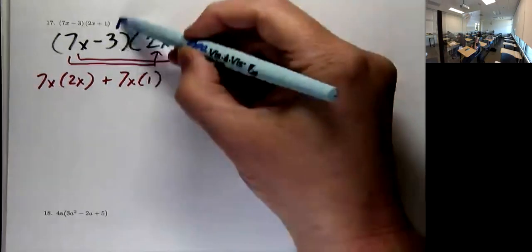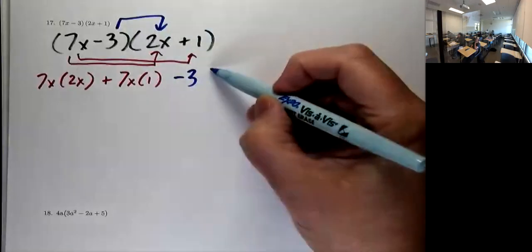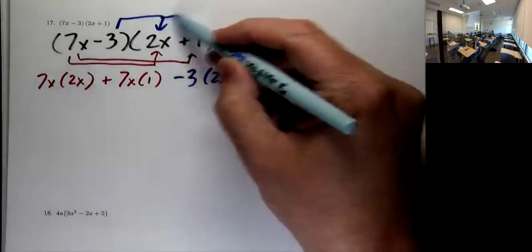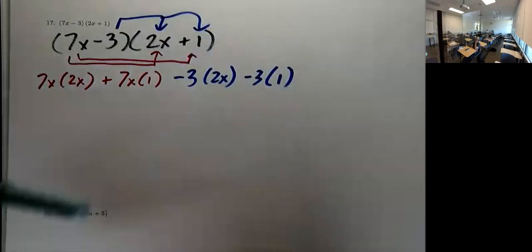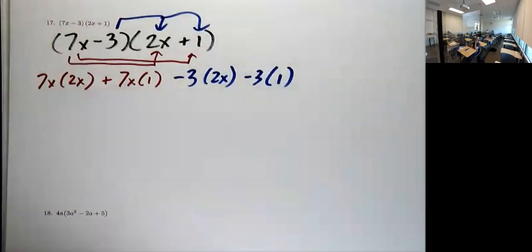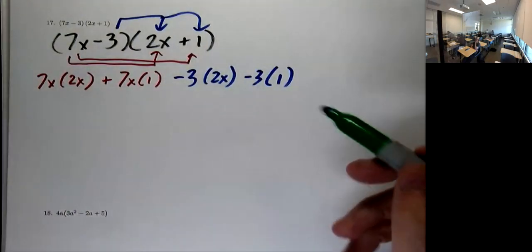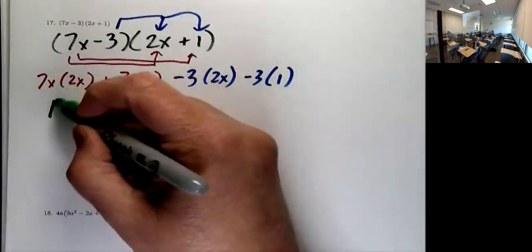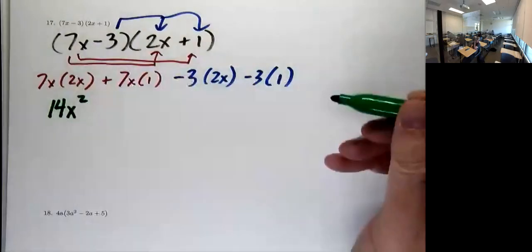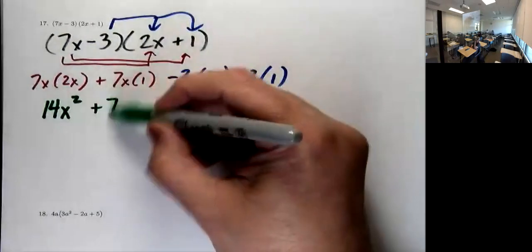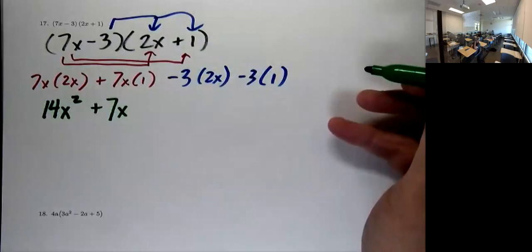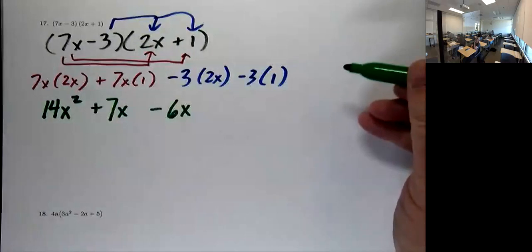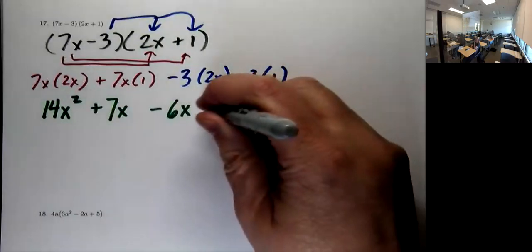Then I've got -3 times 2x, and then -3 times 1. 7x times 2x is 14x squared. 7x times 1 is 7x. -3 times 2x is -6x. And -3 times 1 is -3.